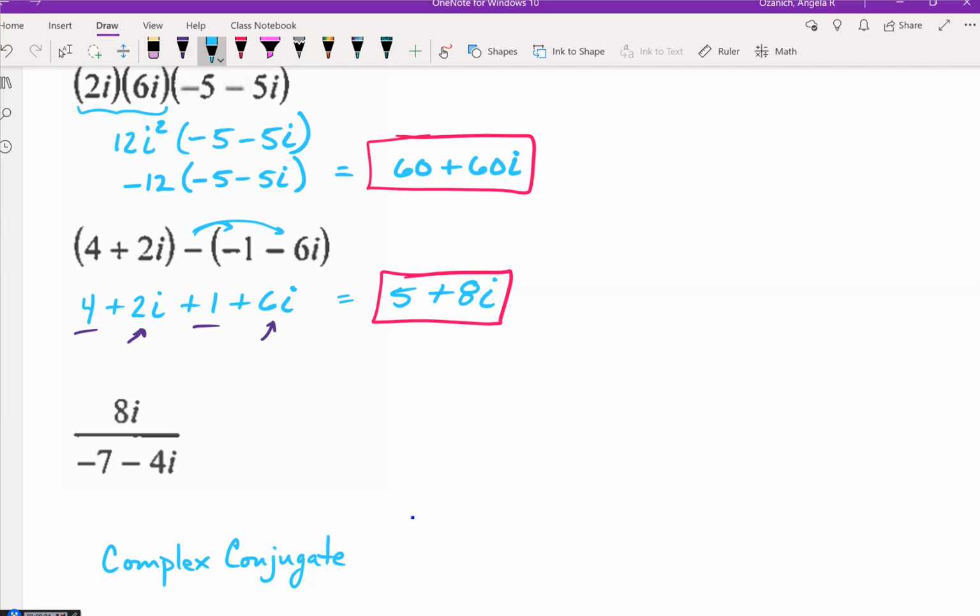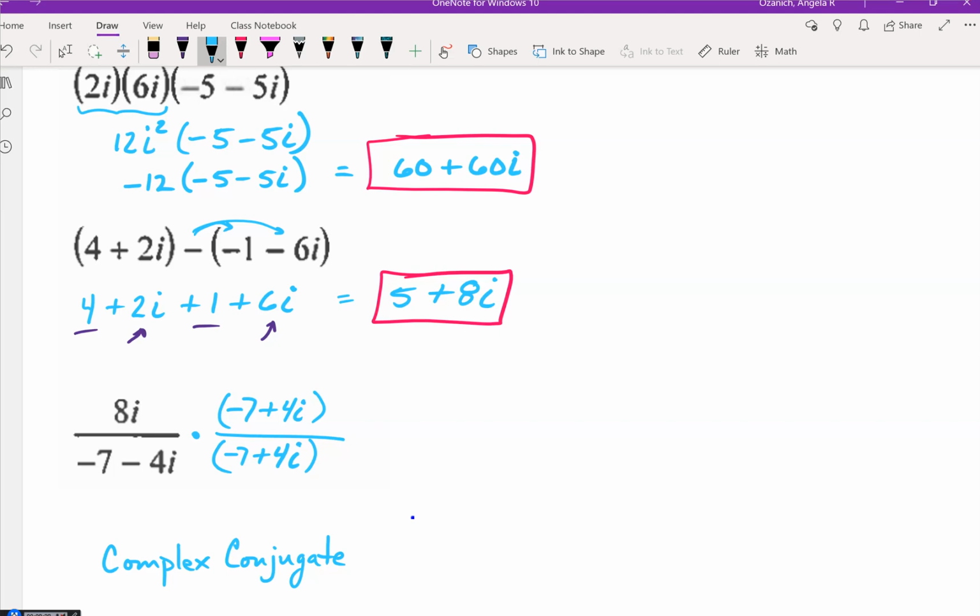So the process for dividing by this complex number, which is negative 7 minus 4i, is going to be to multiply both the top and the bottom by, you guessed it, the opposite of the imaginary number here, negative 7 plus 4i.